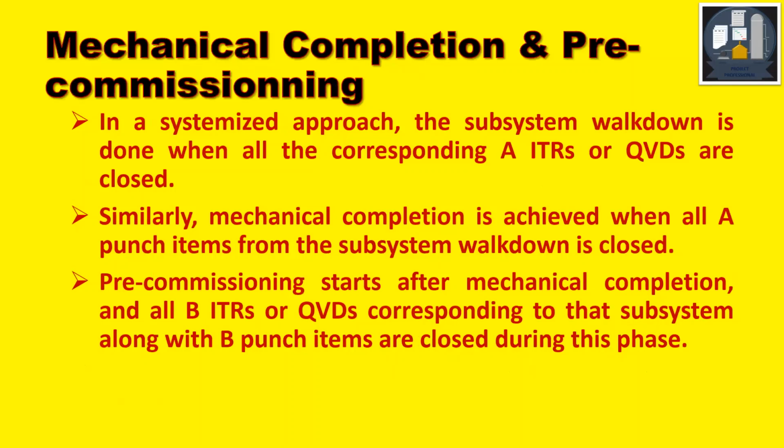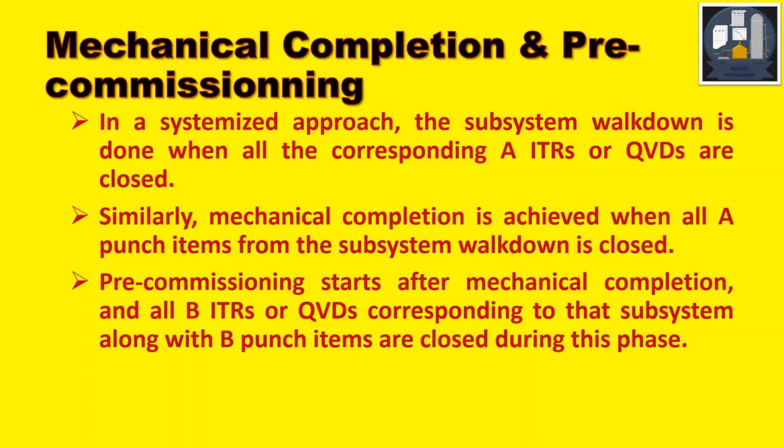Mechanical completion and pre-commissioning. In a systemized approach, the subsystem walkdown is done when all corresponding AITRs or QVDs are closed. Similarly, the mechanical completion is achieved when all A punch items from the subsystem walkdown are closed. So when all AITRs are completed, you start a walkdown.